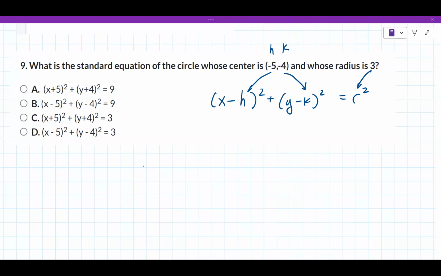X minus 5 squared plus y minus 4 squared equals r squared. Right, yeah. So which answer are you going to select? A, B, C, or D?